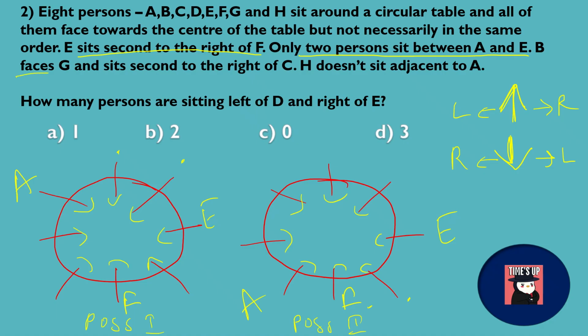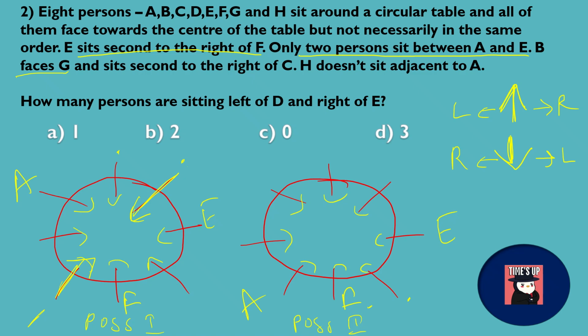B faces G. This is very important. B faces G means you should have two places where the arrows are facing each other. So in the first possibility, you can see this one and this one. Other all places, one or the other place has been occupied.